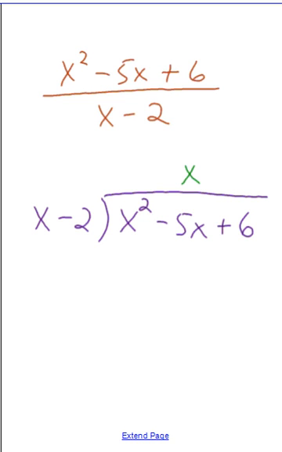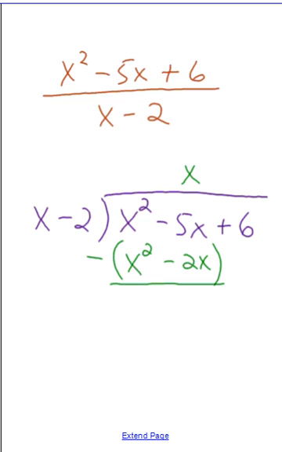Then I distribute the x to both terms. It's x squared minus 2x. Put parentheses around and subtract, because x times x, and then x times negative 2, minus 2x.